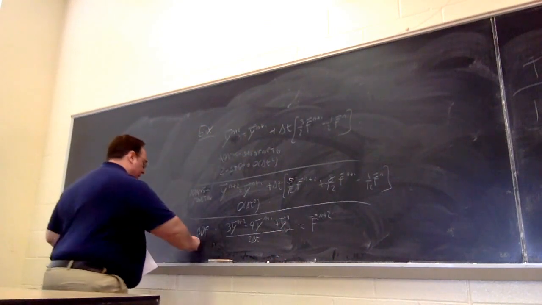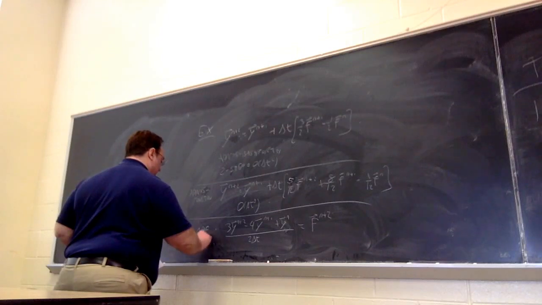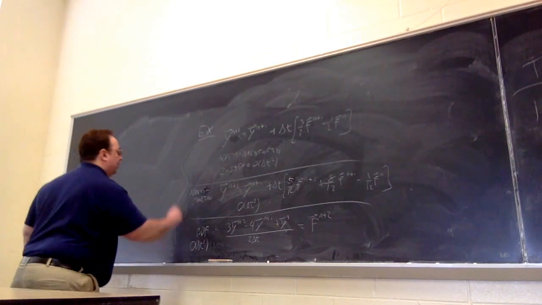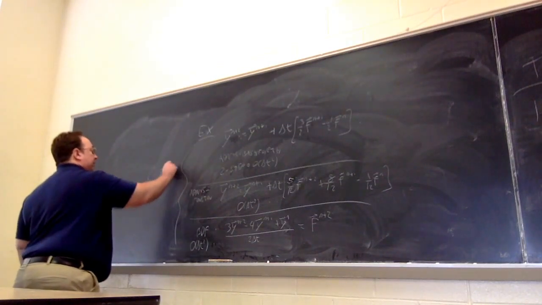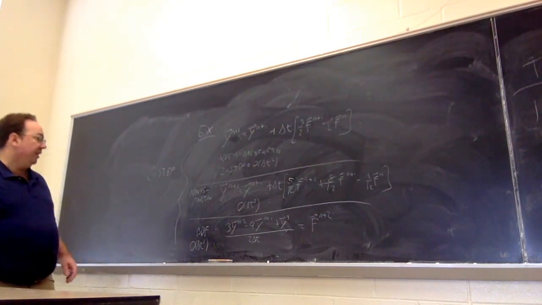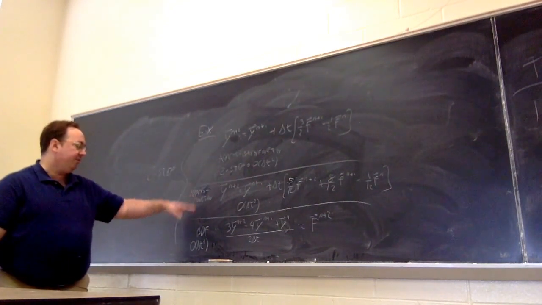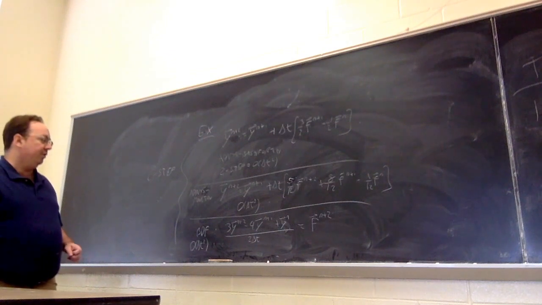So all of these are two-step methods. So the explicit one is second order accurate, and the other two, the implicit ones, are third order accurate.